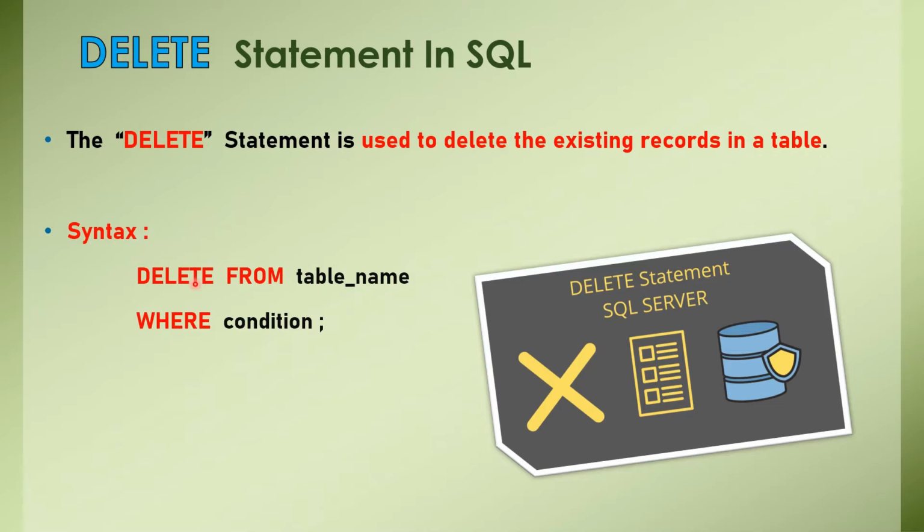So that will get you into serious trouble, both in your organization and wherever you work. Okay, so you don't want to do that. So whenever you delete something, make sure you read the query twice or thrice, because else it will be a big error, right? So let me give you one example related to the delete statement, then you will get it more clearly.